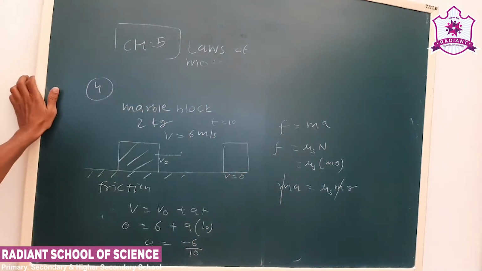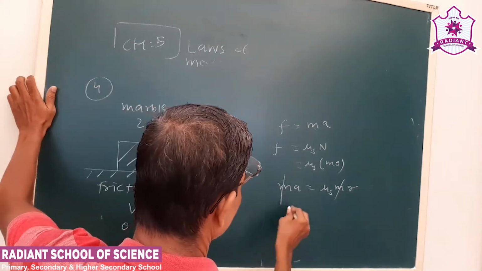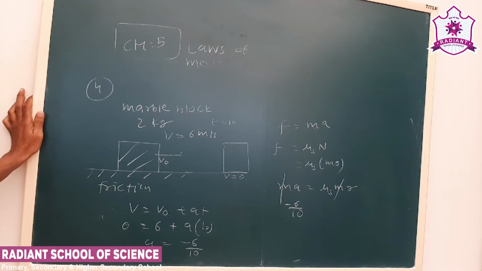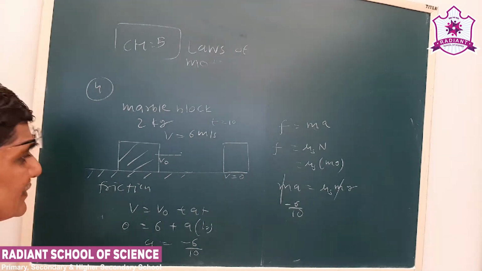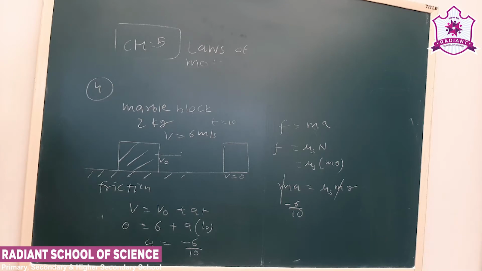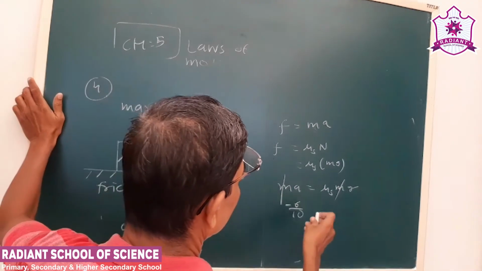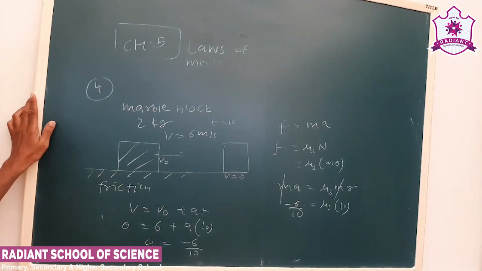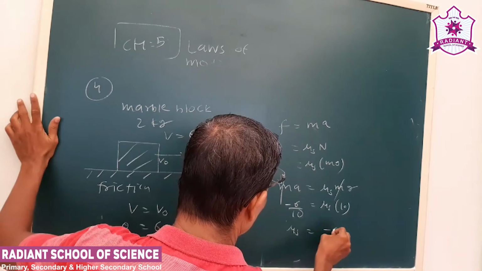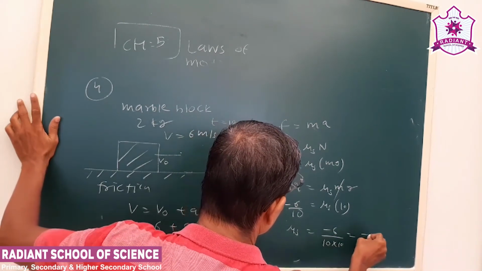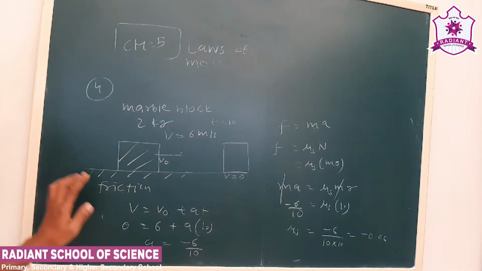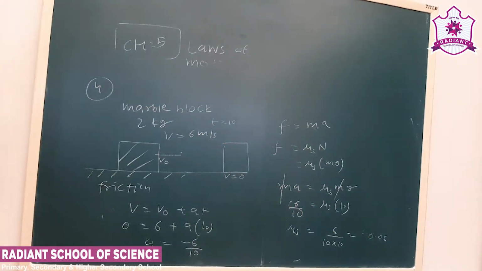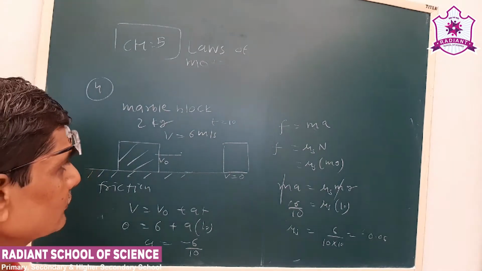Now a is minus 6 by 10, and mu s we have to calculate. g we can take as 10, you can take 9.8 also, but for convenience we have taken 10. It is okay if I do not take the negative sign. So mu s turns out to be 0.06 for the given condition.